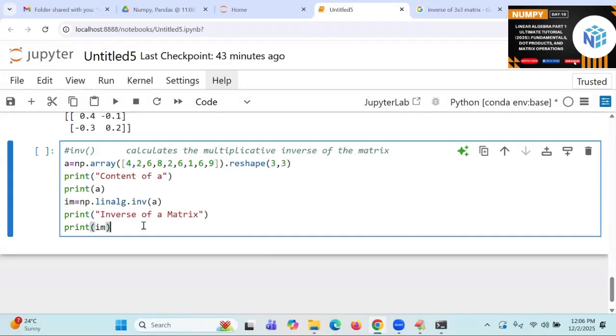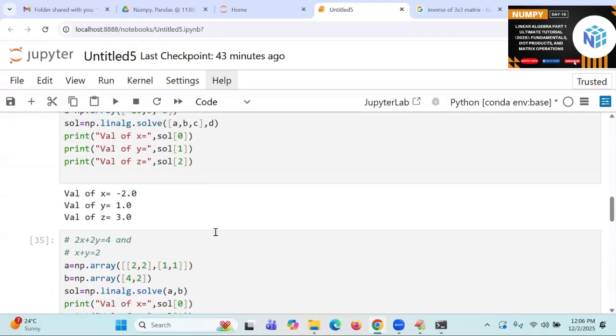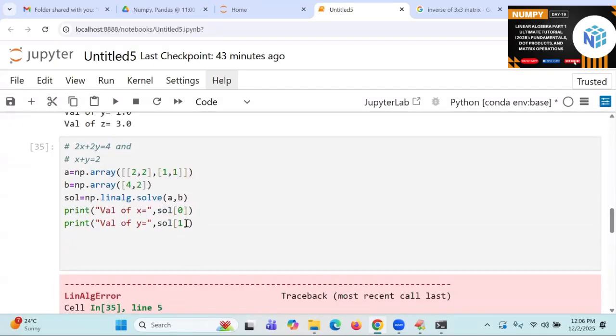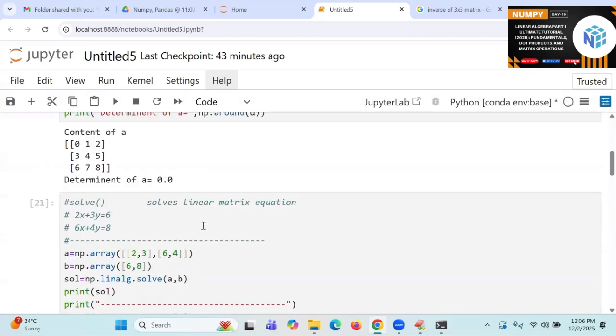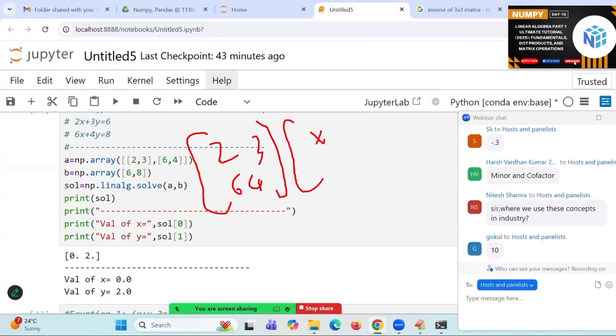Where we use these concepts in industry, Nitish Sharma, I already said to you. I already solved it. Still, if you don't get it, it's your bad luck. I already said to you, 2, 3, 6, 4 is equal to what? Already I explained mathematically, number of boys, number of girls, all these things explained.